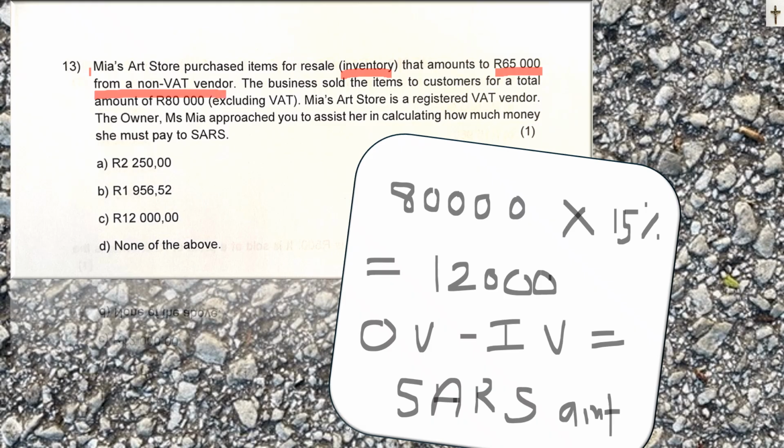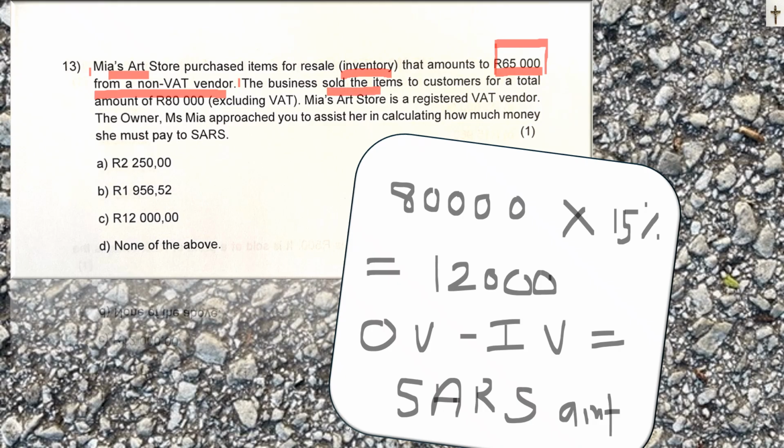Mia's art store bought stock for 65,000 from someone who wasn't a registered VAT vendor. What they're saying is you can't claim input VAT. Mia's art store cannot claim input VAT from this purchase because Mia purchased from a non-VAT vendor.